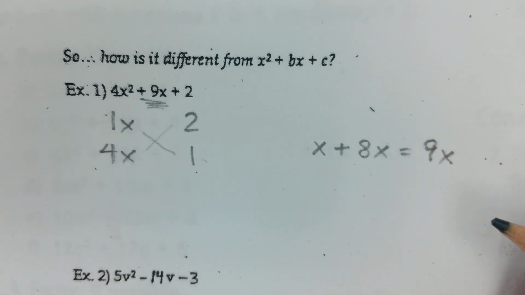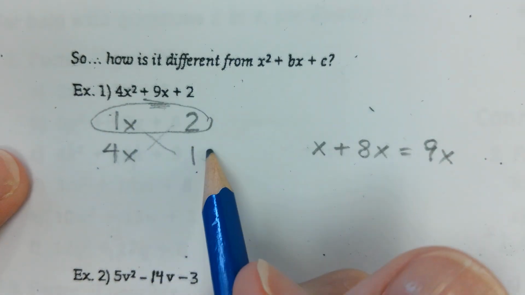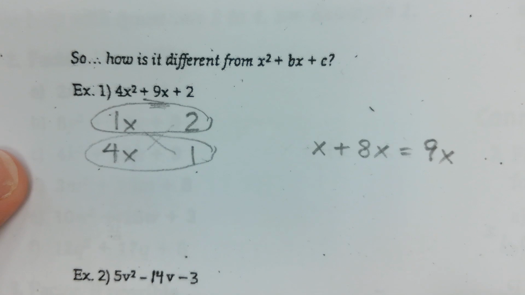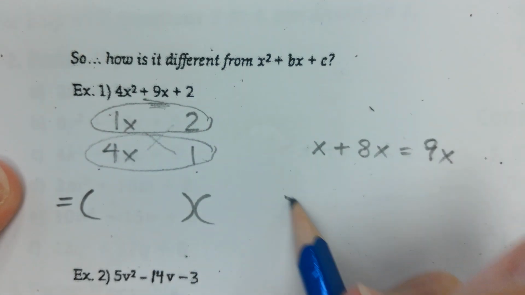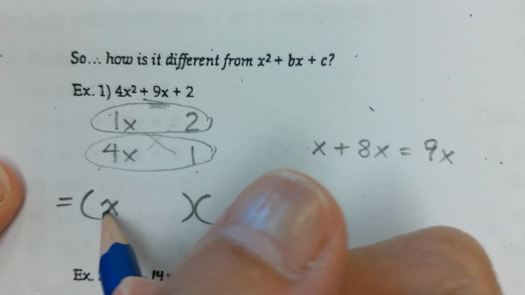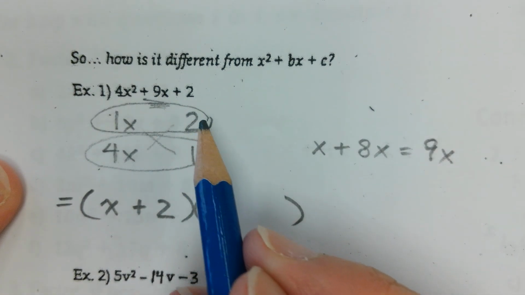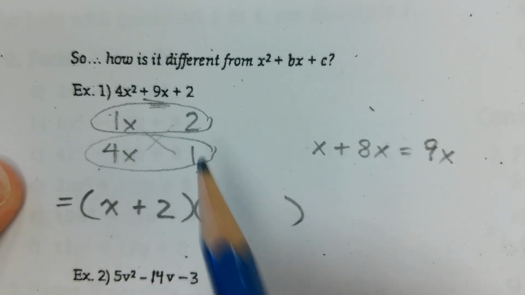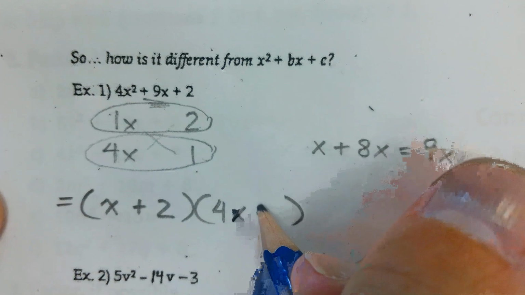So that means this is my first bracket, and this is my second bracket. When I write it, it's going to be x plus 2 because it's a positive 2. And then what's my second bracket then? 4x plus 1.